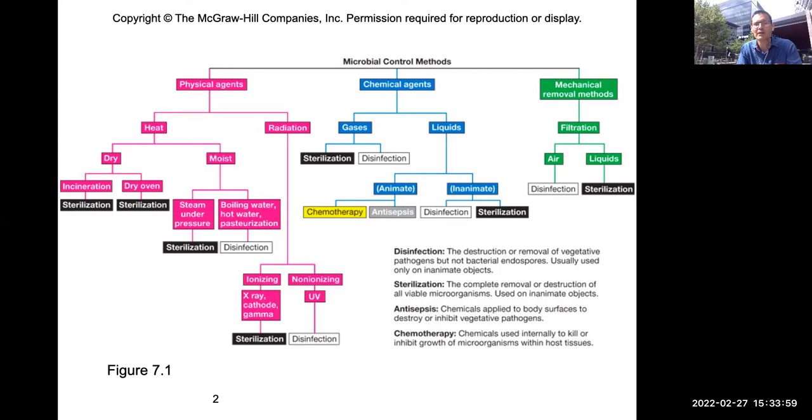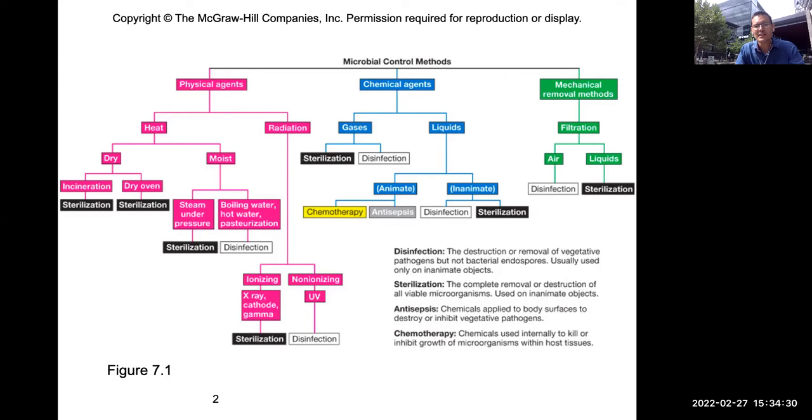Boiling and pasteurization act as disinfectants because they're not particularly intense. But if you apply moist heat under pressure, like steam in an autoclave, that can have a sterilizing effect, whereas boiling water doesn't, because it's not at a high enough temperature.